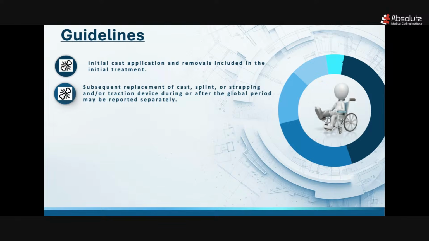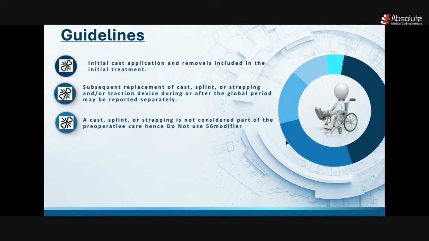Well, you can report the subsequent replacement of the cast, splint, or strapping or the traction device during the global period, right? Okay, let's move on to the next one. A cast, splint, or strapping is not part of preoperative care, so do not use a 56 modifier.